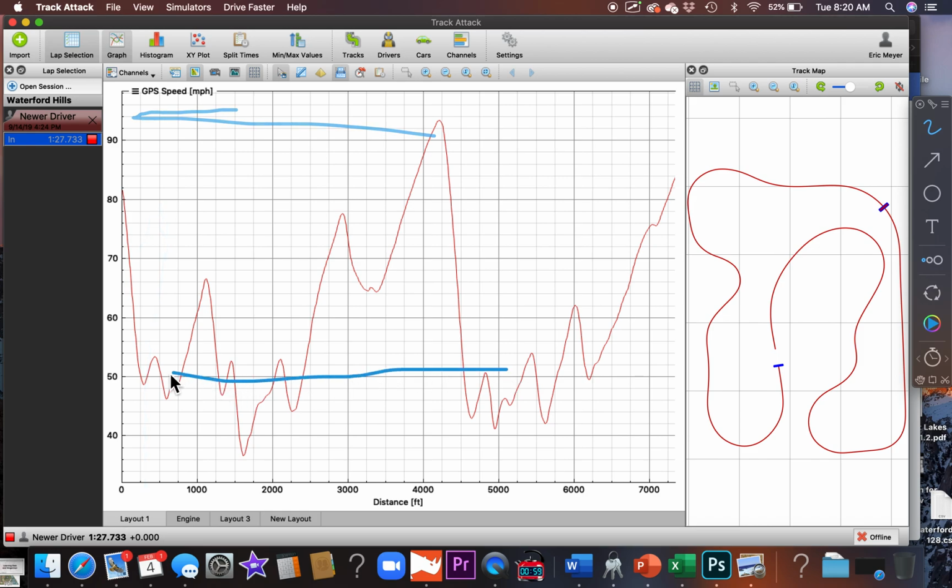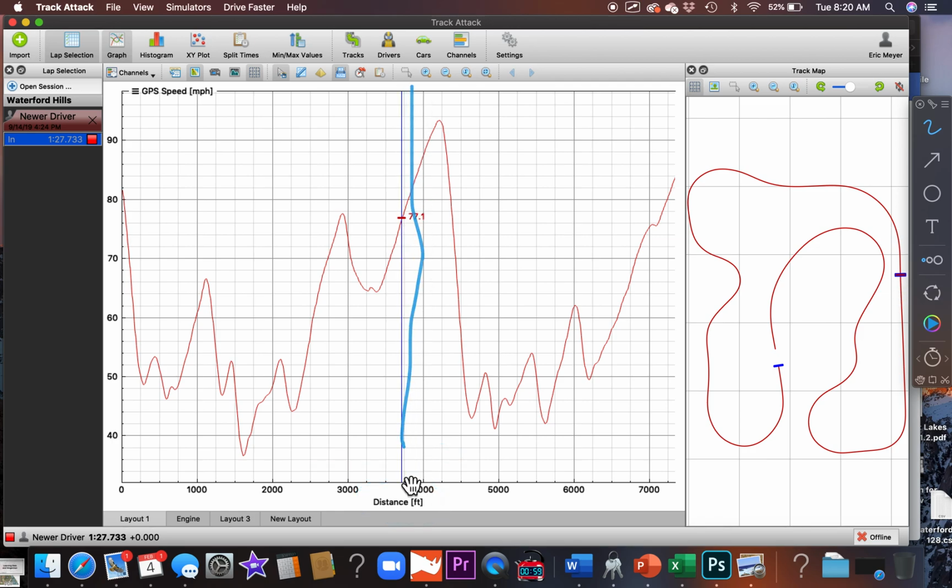Here's 50 miles an hour, and this is the distance. Pretty foundational, represented in feet. So in feet, this would be about half the track, 3,800, something like that. And for that, that's about here. This is about half the track. Half of your lap in distance is complete. Okay, making sense?